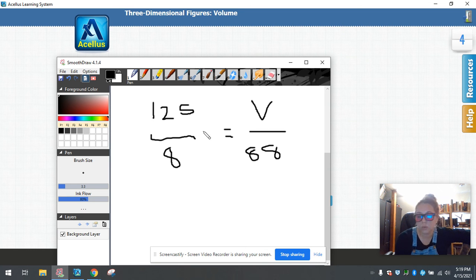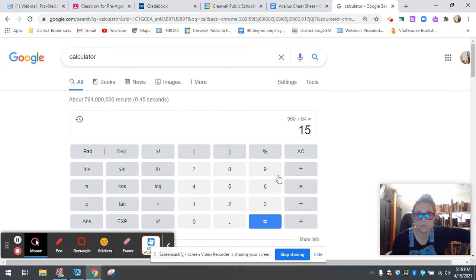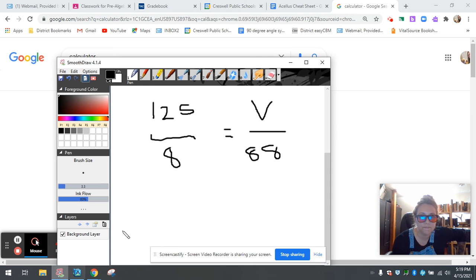Now I'm going to cross multiply. 88 times 125. We are not doing that in our heads today. I got 11,000 equals V times 8. 8 times V. Same thing. Divide by the number attached to the variable, which is 8.